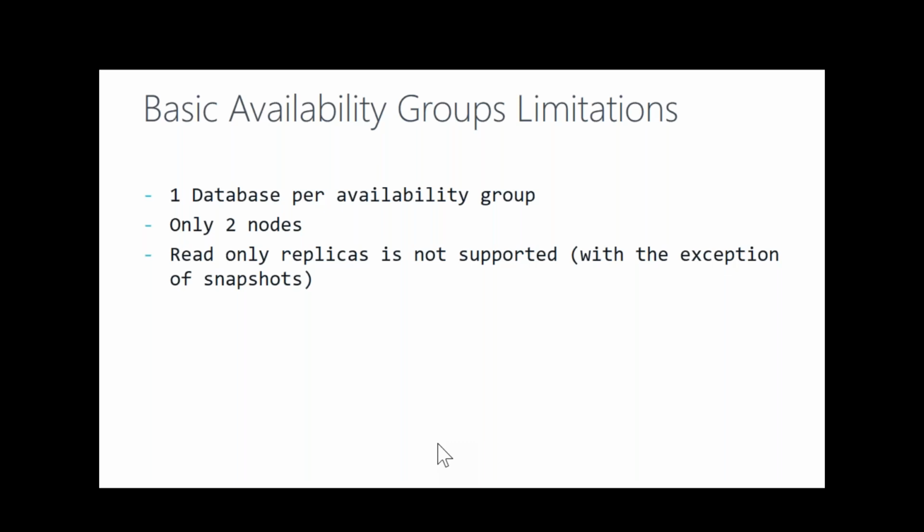So if you are thinking about an environment where you might usually use log shipping for snapshots, this can be a better choice than shipping all the logs to a third node. So that is the other restriction that we have with basic availability groups.